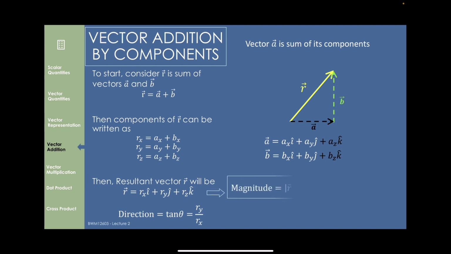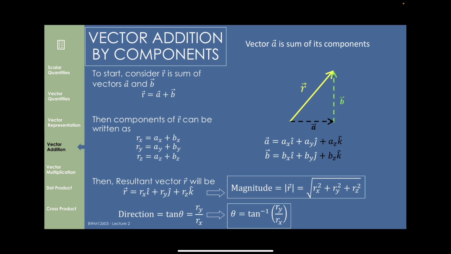To find the magnitude, we will use this equation: r will be equal to the square root of the sum of the squares of its components. If there are two components, then the square root of rx square plus ry square. If it has three components, the square root of rx square plus ry square plus rz square. And the direction is so easy: theta is equal to tangent inverse of component y divided by component x.